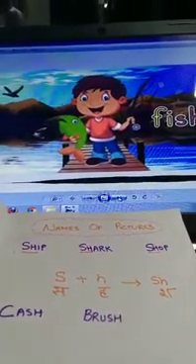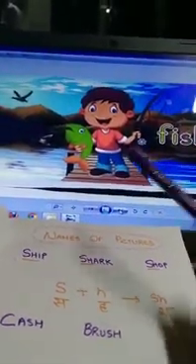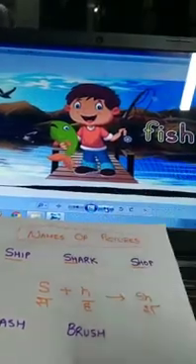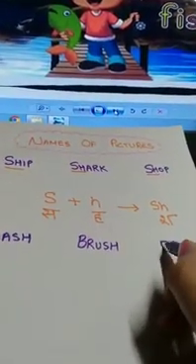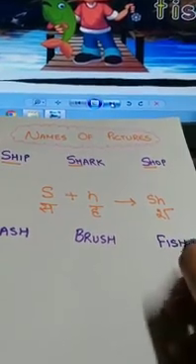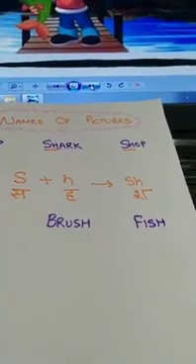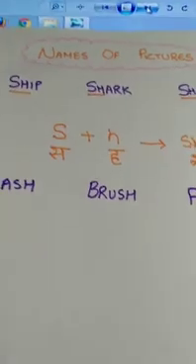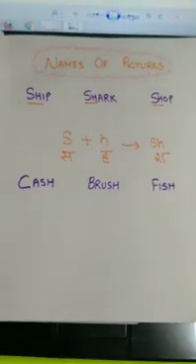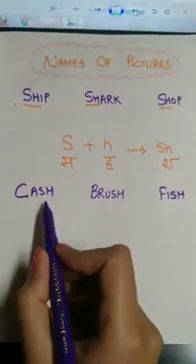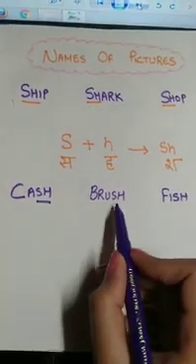Now the next picture is of what this boy is holding in his hand. See? What is he holding in his hand? Fish. F-I-S-H. Fish. Again, babies, have you noticed now these words are ending with SH? See?